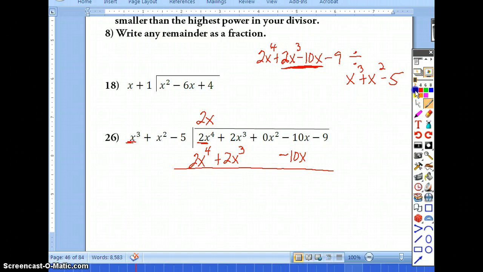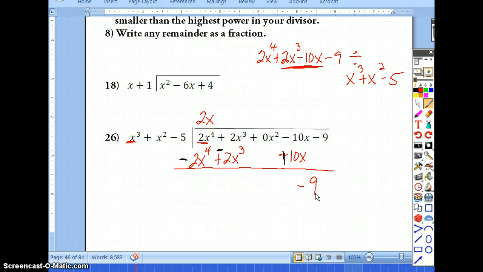Now when we change the signs and add, everything cancels out except the 0x squared and the negative 9. Well, since 0x squared is really 0, we really have 0 minus 9 in the leftover part of the problem, and so that's just going to be negative 9.